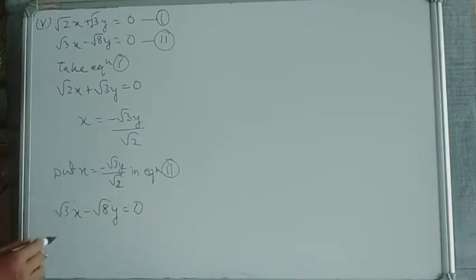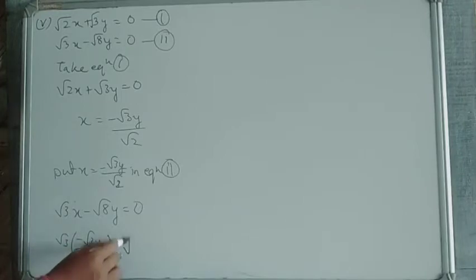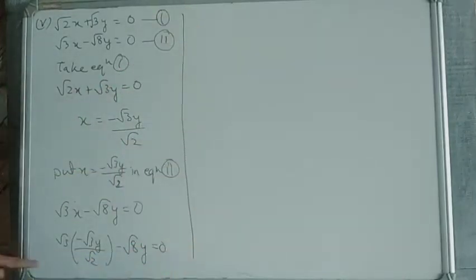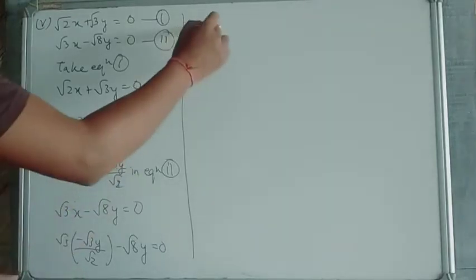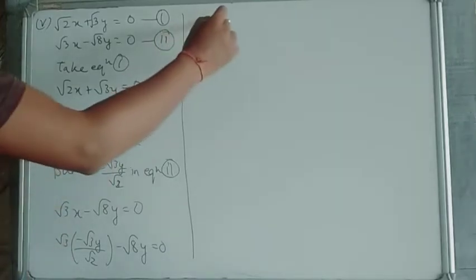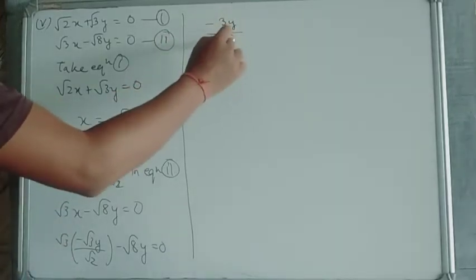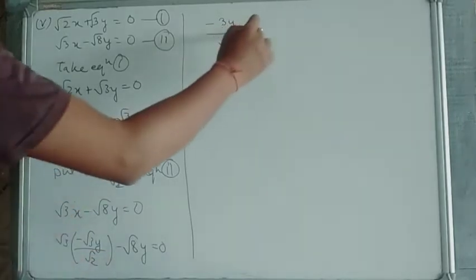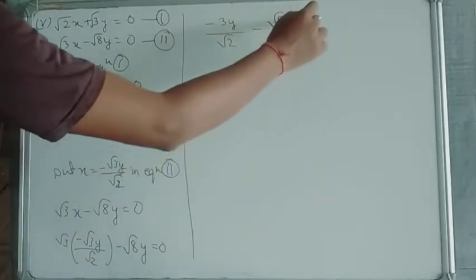Now root 3 x is root 3 into minus root 3 y by root 2, minus root 8 y equal to 0. Now root 3 and root 2, we cannot do anything. Root 3 will just multiply with this. Root 3 into root 3 is 3, so minus 3y by root 2 minus root 8 y equal to 0.